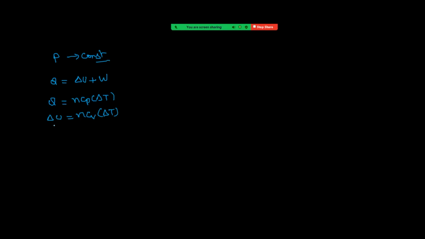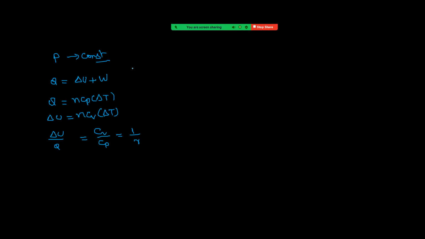Now we have to find the fraction of heat energy that converts into internal energy. That means we have to find delta U by Q, which is equal to Cv upon Cp, which is equal to 1 by gamma. This is the fraction.